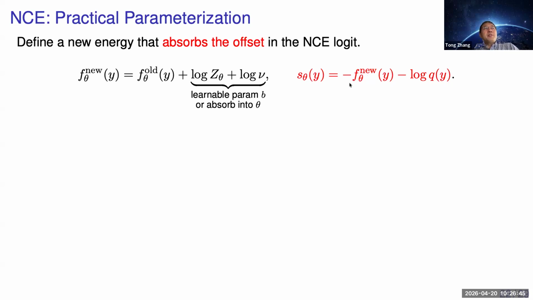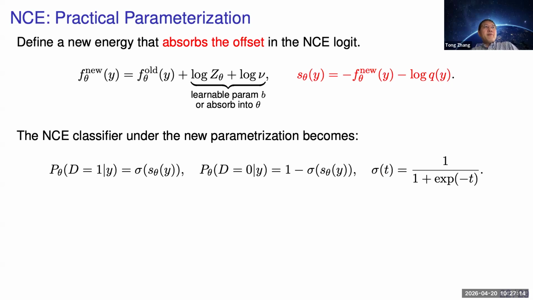So essentially, here is a new one, and the logits, now with this new learnable parameter, either explicitly or absorbed into the bias term, become this guy. So we are just absorbing it into theta rather than introducing an additional parameter. But either way is okay.